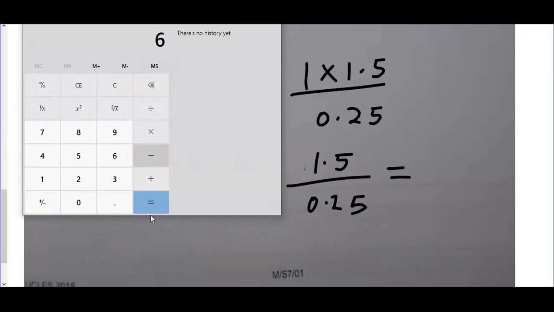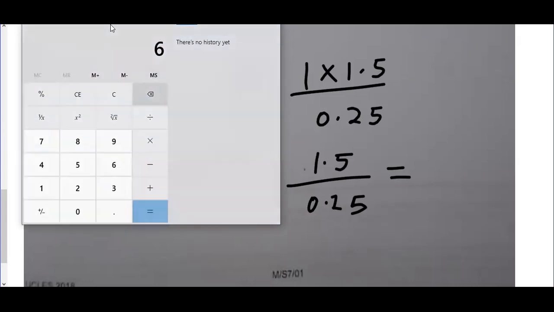Okay, right, so let me start afresh. I have cleared all the memories and all the histories, okay? So there we go. So we have 1.5 divided by 0.25. Oh, what is happening with me? Let me try again.